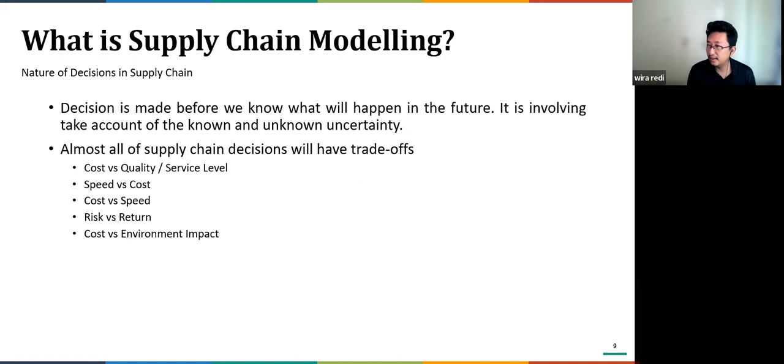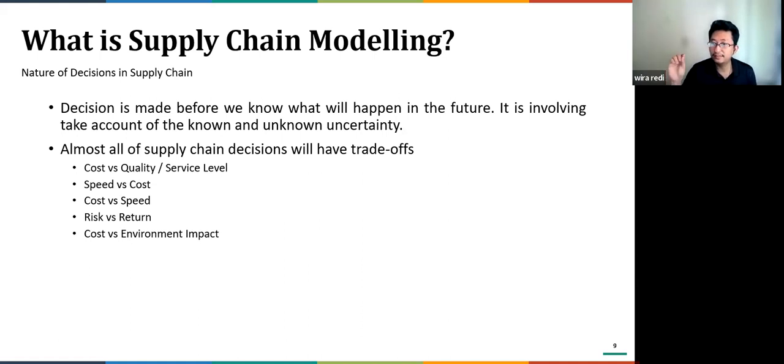Okay, so supply chain decisions in each layer normally have trade-offs like that. Whether you sacrifice cost to have a higher service level, or you sacrifice service level to give a better cost. It can be several factors, like speed versus cost or risk versus return.